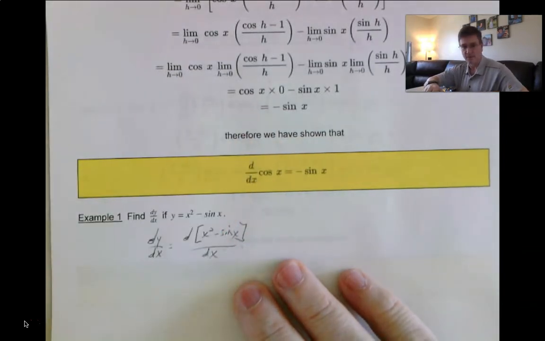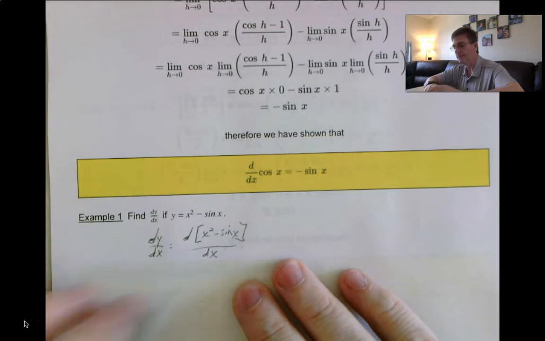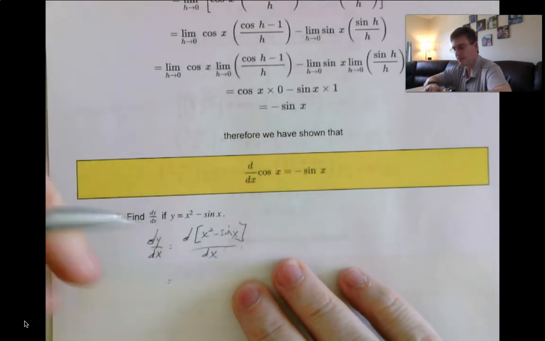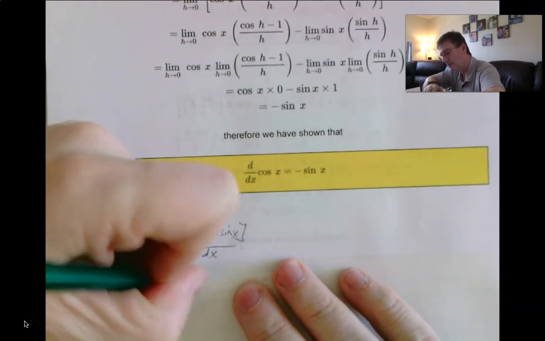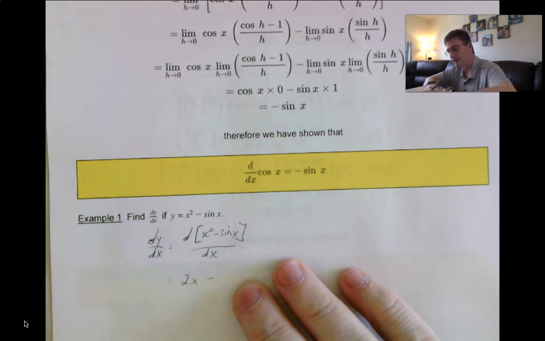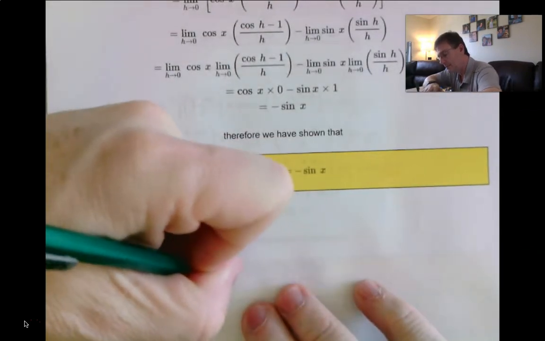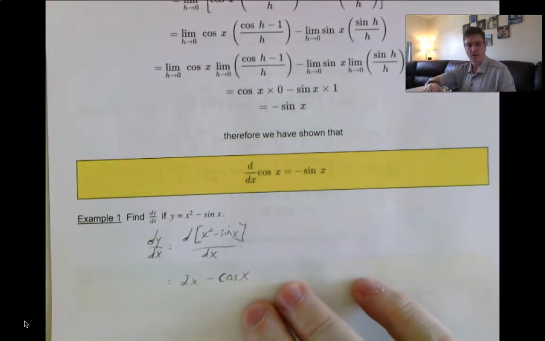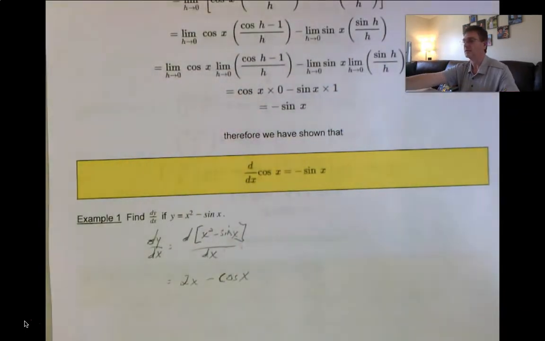I'm just taking the derivative of the left and the derivative of the right. The derivative of x squared is 2x, minus the derivative of sine of x, which is cosine of x. And that is dy/dx for example 1.